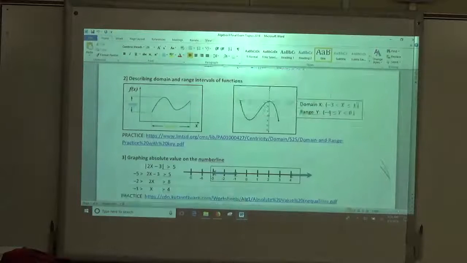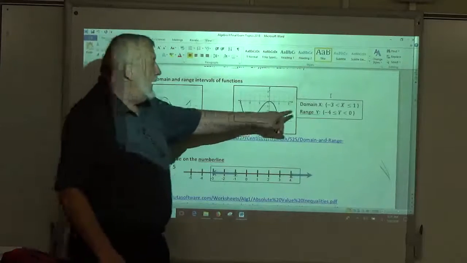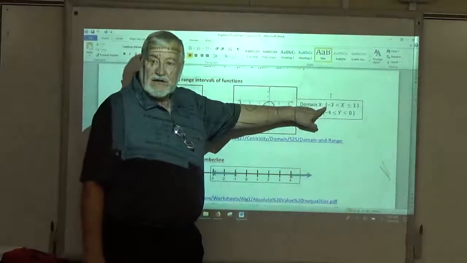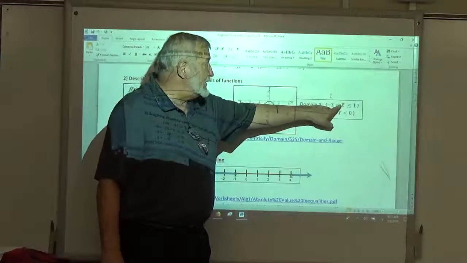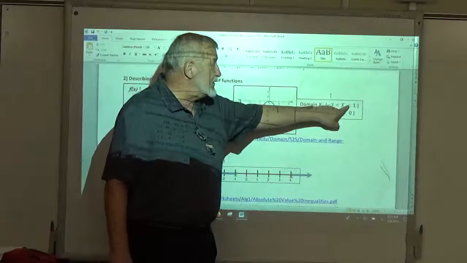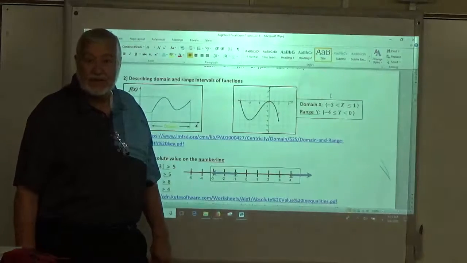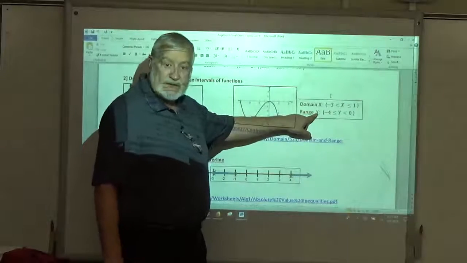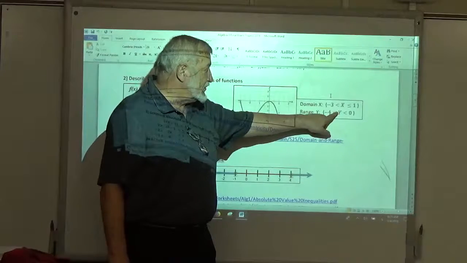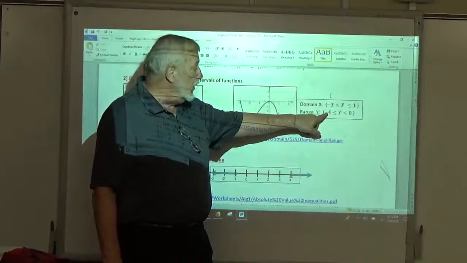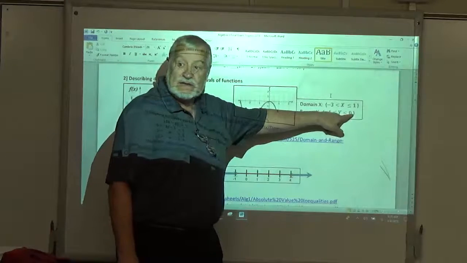Let's look at the next one here. All right. Domain and range. All right. The set of x's such that x is greater than -3, x is less than or equal to 1. But see how I did that? All right, the y is such that y is greater than -4, y is less than 0.